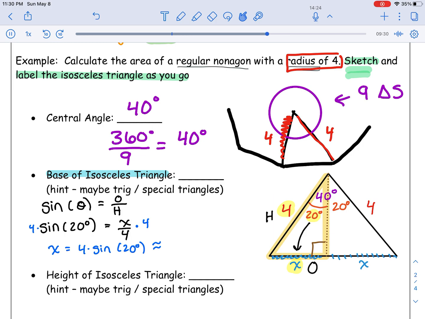So I'm just pulling mine out. Remember, you're working in degrees. 4 times the sine of 20 degrees is approximately 1.368.